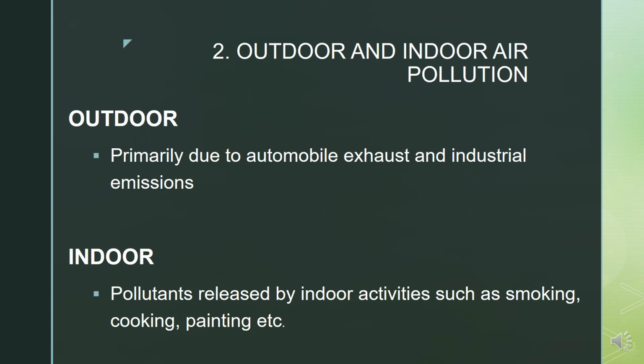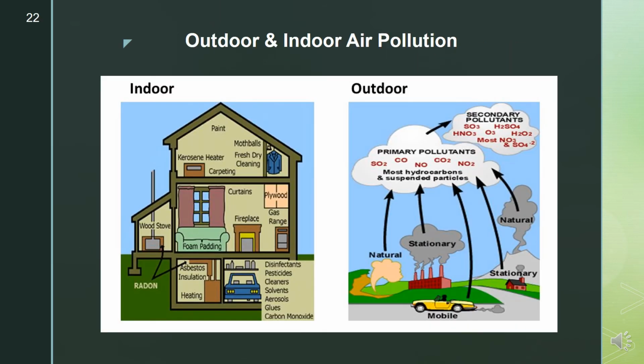Next is outdoor and indoor air pollution. Outdoor means primarily due to automobile exhaust and industry emissions. Indoor means pollutants released by indoor activities such as smoking, cooking and painting, etc. Outdoor and indoor air pollution representation. Outdoor means smoke from industries, and smoke from a home through chimneys is also considered.